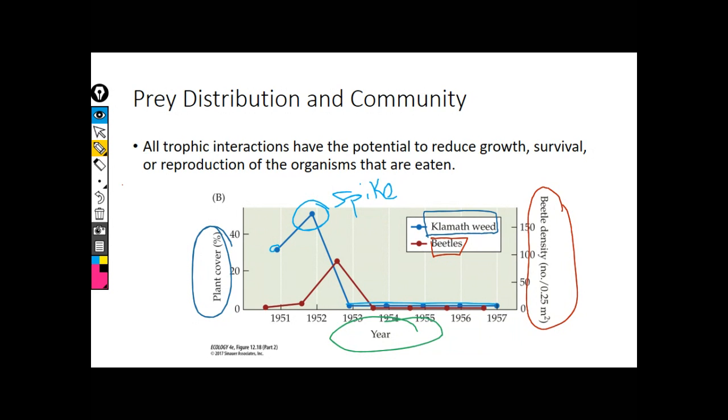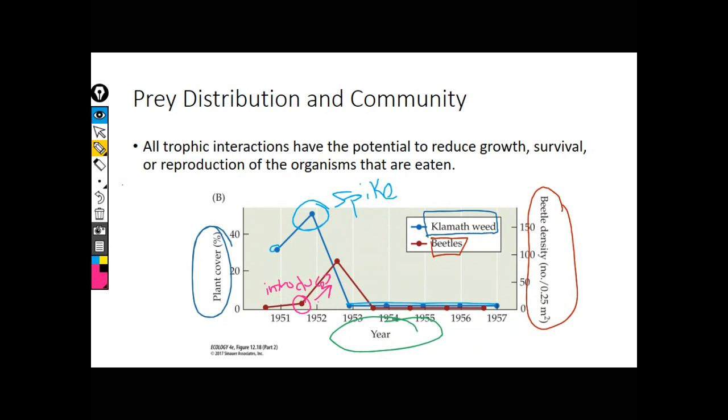If I build in my beetle relationship, we see a similar relationship. I had no beetles, and then beetles came in, so maybe this is where they were introduced. We'll talk about invasion and introduction later.